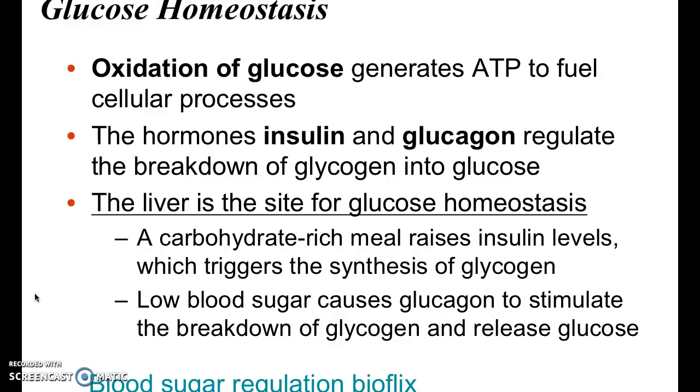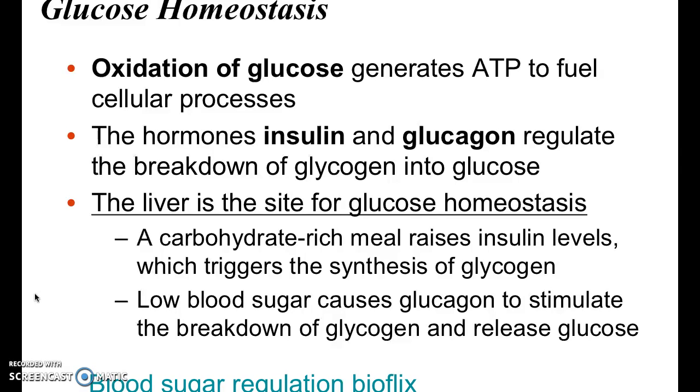Now, usually what happens is once insulin is pumped into the bloodstream, it is an endocrine hormone, pumped directly into the bloodstream. It stimulates the receptors for glucose molecules on all your other cells, the channels open up and glucose goes in, and then you make ATP.